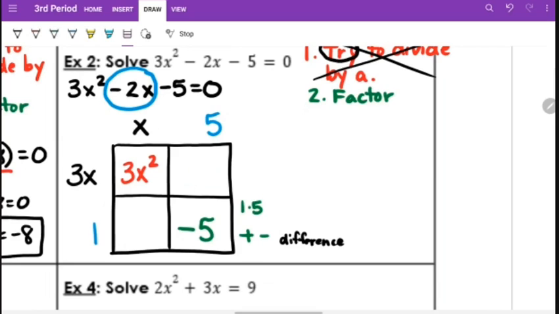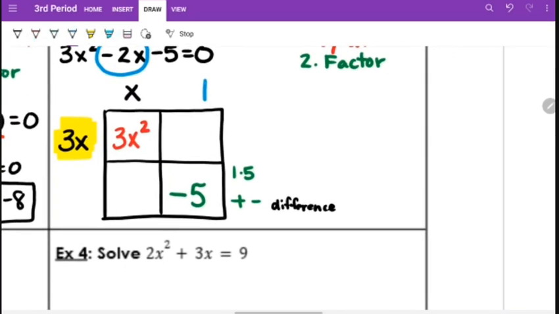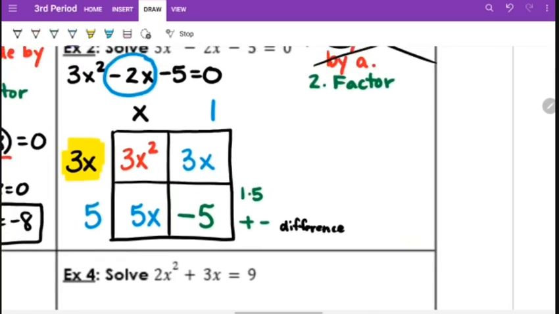In other examples we've done so far, it has not mattered which side you put it on, but here it's going to matter because whichever number you put in this position gets multiplied by the 3x. So if I switch the 5 and the 1, instead of multiplying 3 times 5, I'm going to be multiplying 3 times 1. So you get 3x and 5x.